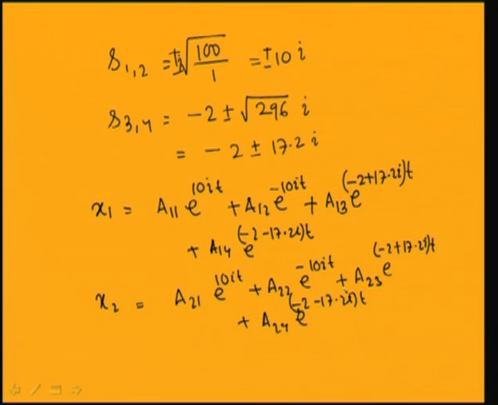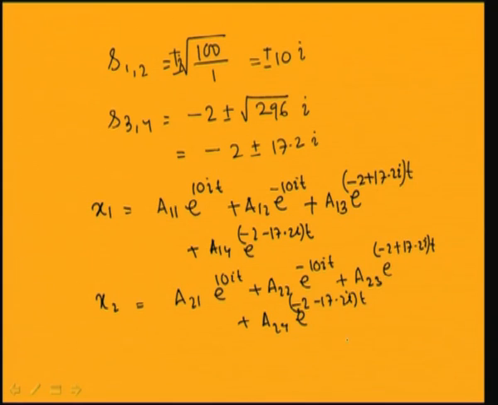Here you can observe that the system has 2 frequencies, one frequency is 10 and the other is 17.2. So this 2 degree of freedom system will have 2 frequencies. You obtain those 2 frequencies and simplify these 2 expressions to write x1 and x2.